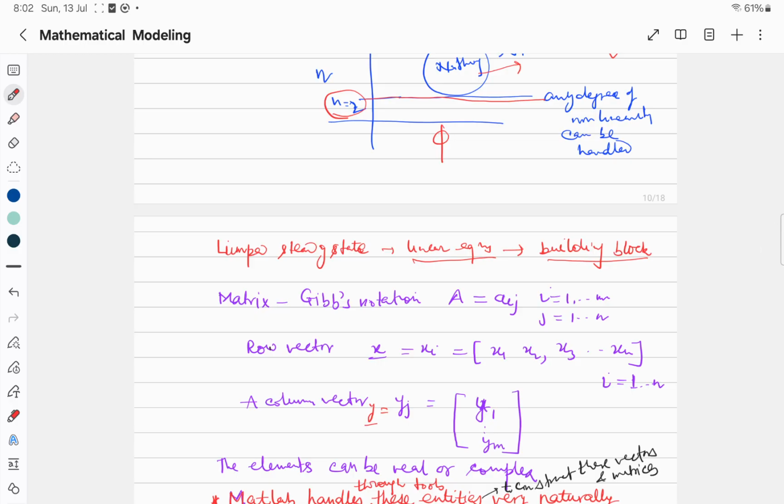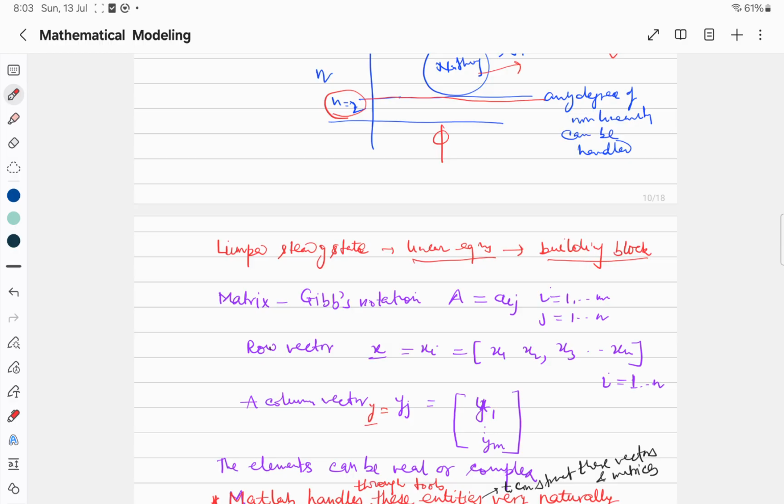So we will review some concepts of linear algebra, some concepts related to matrices. The Gibbs notation is A equal to a_ij, where i might go from 1 to m and j might go from 1 to n.